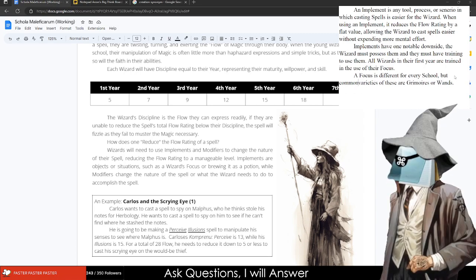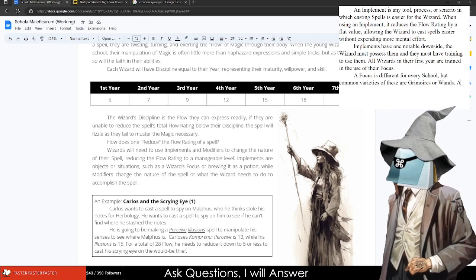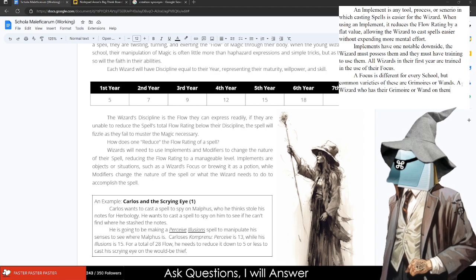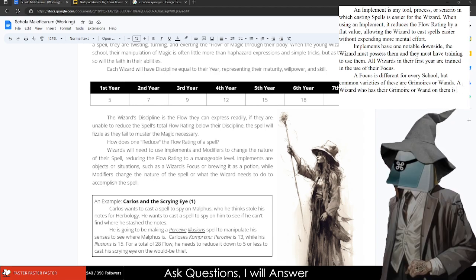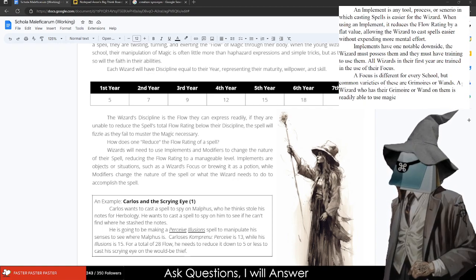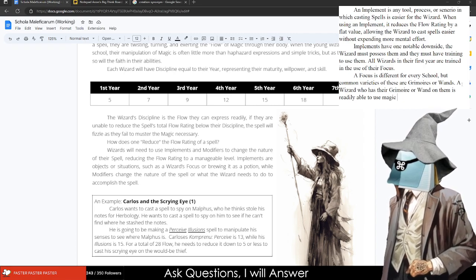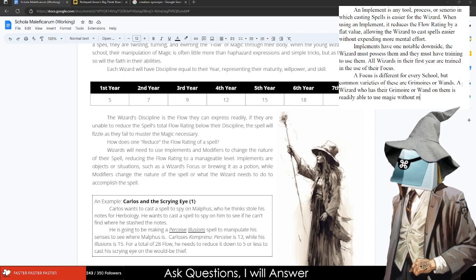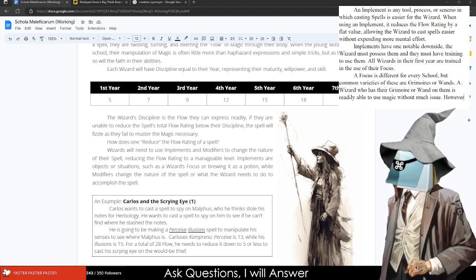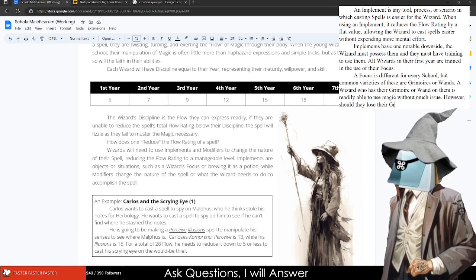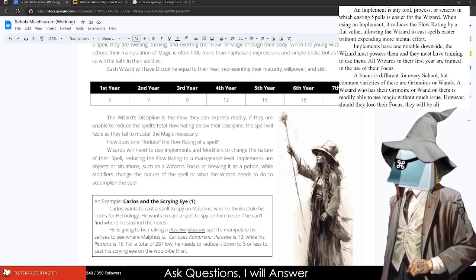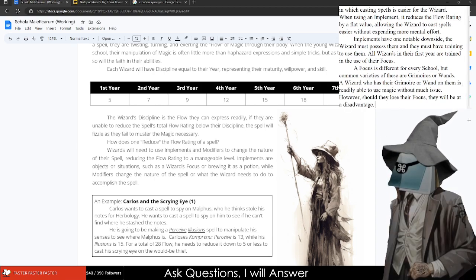A wizard who has their grimoire or wand on them is readily able to use magic without much issue. However, should they lose their focus, they will be at a disadvantage.